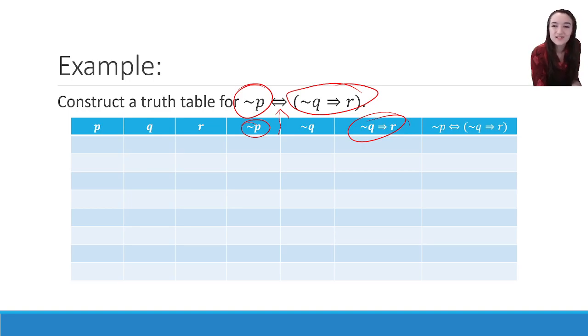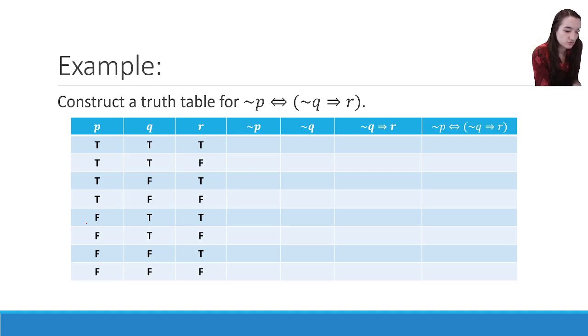So essentially the pattern is going to be P gets half true, half false, Q gets 2, 2, 2, 2, and R gets 1, 1, 1, 1, 1, 1, 1, 1. Like so. So we get 4 trues, 4 falses. 2 trues, 2 falses, 2 trues, 2 falses. True, false, true, false, true, false, true, false. So see, it's sort of an expansion of the same pattern that we used previously. Now I'm not going to force you to remember this necessarily, but you'll need to be able to do it for homework, etc.